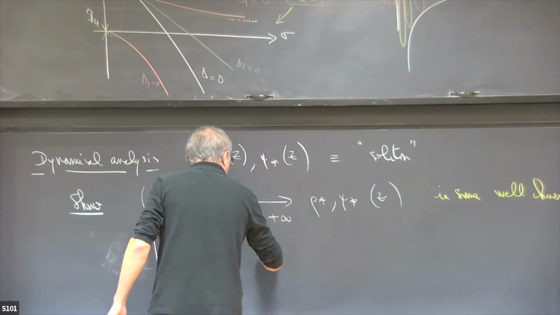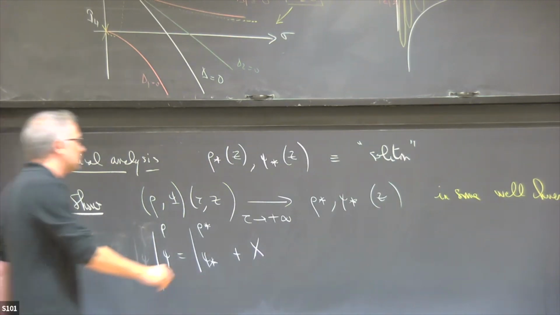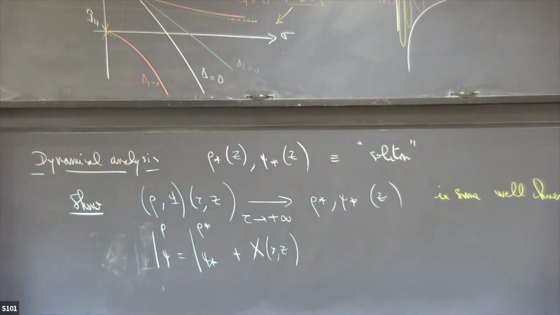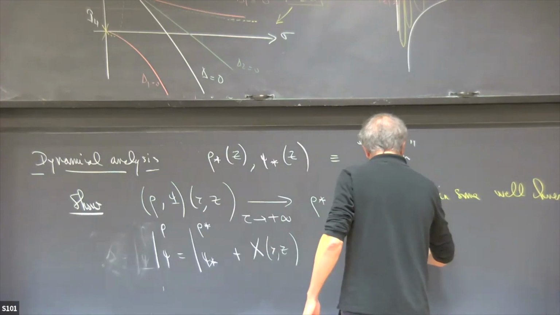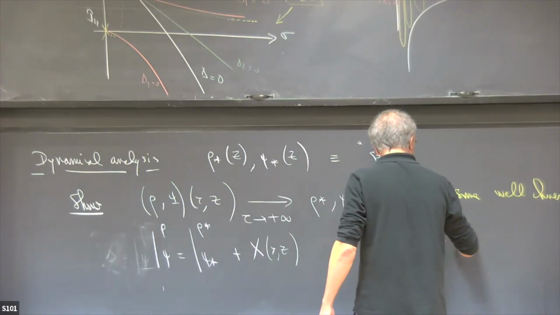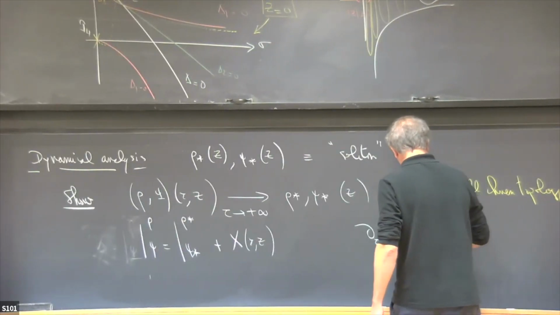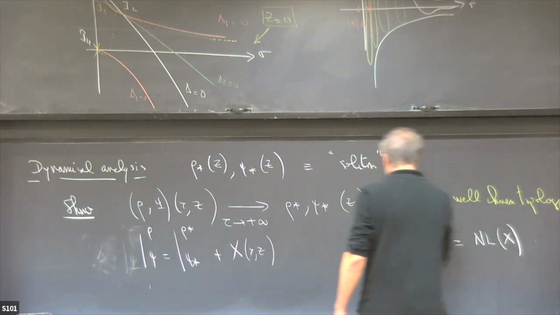I'm going to call it x. So x is the correction, so it's a function of tau and z. And the leading order evolution of my problem here is exactly given to me by something like d tau x plus some Hamiltonian, or some linearized operator if you want, x is equal to a non-linear term. Okay, this is the rough picture.